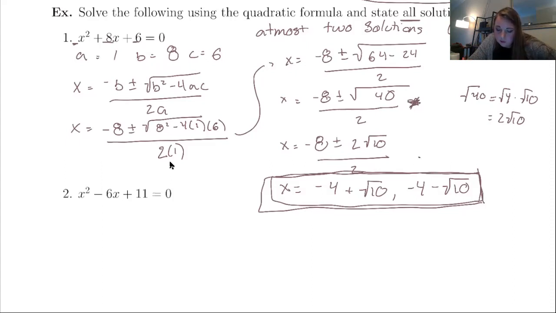Negative 8 plus or minus square root of 40. Square root of 40 is the same as the square root of 4 times 10. And then you can pull out that square root of 4, which is just 2. So that's how you simplify radicals. You get it down to where you can't pull any other squared item out.